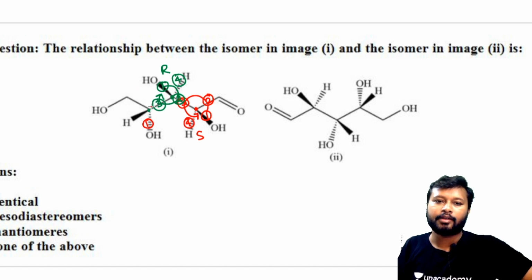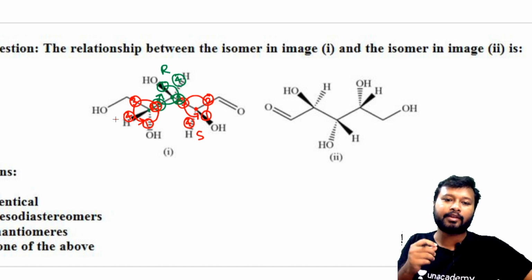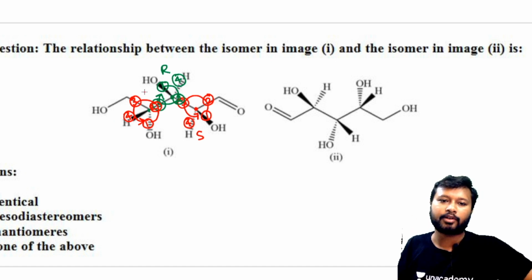So that's why this should be given second priority, this will be given third priority, this will be given fourth priority. So the rotation goes anti-clockwise, but because the fourth priority group is above the plane, you have to reverse the configuration. Although it was going anti-clockwise, it should be S, but because the fourth priority group is above the plane, this will also become R. So what we have got? We have got R, R and S as the configuration over here.